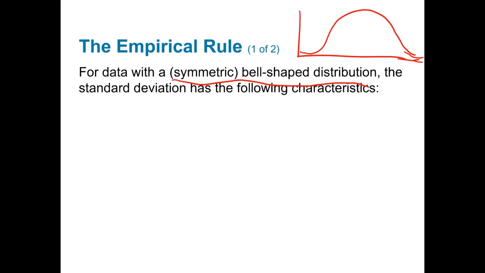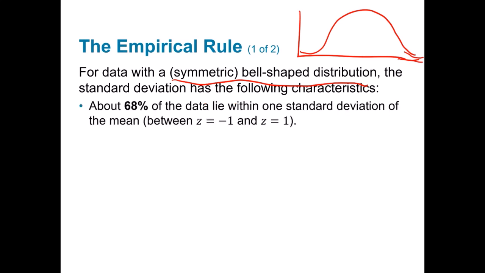But if it does, then you're going to have about 68% of your data values within one standard deviation of the mean. Or in other words, 68% of your data will be between a z-score of -1 and 1. Now I say about 68 because it's really 68 point some stuff.